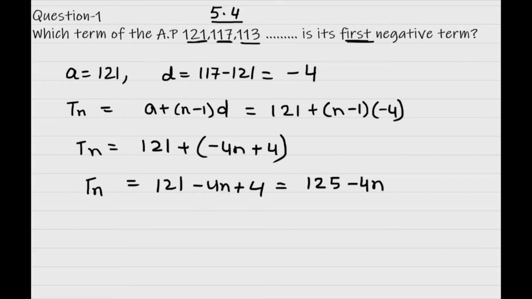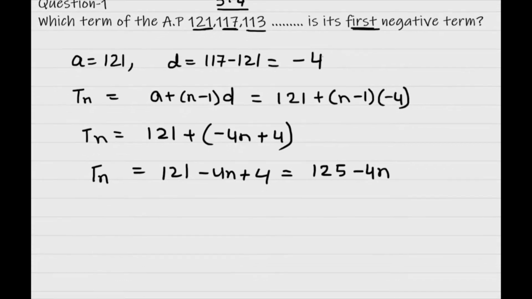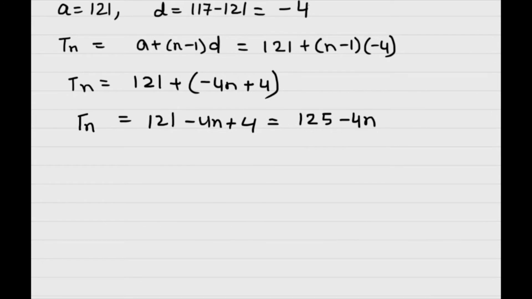Now you are finding out the nth term here. Now what should be your nth term? Nth term should be less than 0. See, your first term was 121, so T1 was 121. Now you are finding out Tn, and this Tn must be less than 0.